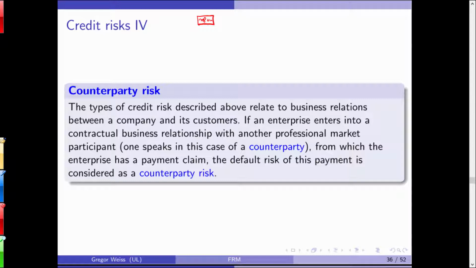If you are creating large machines and you're selling these products overseas, you can buy insurance against the default of the buyer. That's no problem. But these insurance contracts can only be bought from insurance companies if you have an underlying contract in which you have sold products. Now, if I have no business relation with Apple, but I still want to buy insurance against the default of Apple, I cannot go to an insurance company. No insurance company will offer this type of insurance.